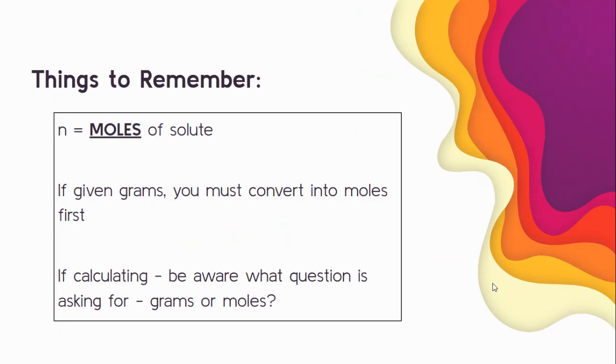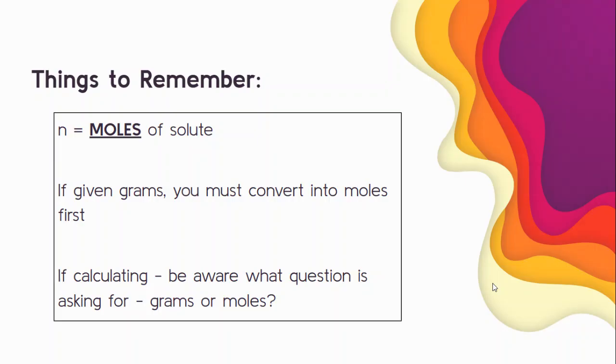A couple things to remember when you are doing a molarity calculation. n is moles of solute, which means I could give you grams of solute and ask you to convert it into moles first, which you should know how to do. That's compound stoich. All you need to do is use the molar mass to help you get it into moles.